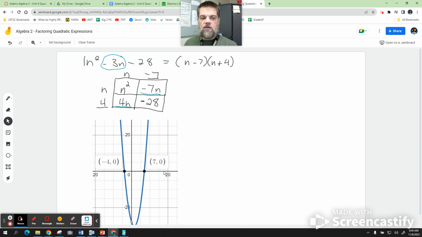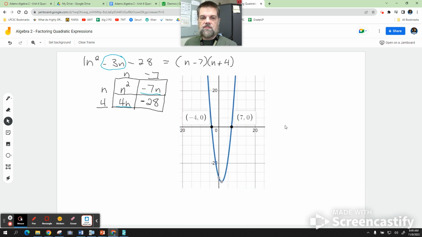Do you guys have any questions on that? I think maybe what we'll do, just to solidify this, remember that yesterday, if I said n minus 7 and set it equal to 0, that means I would add 7 to both sides and get n equals 7. That's what this is.